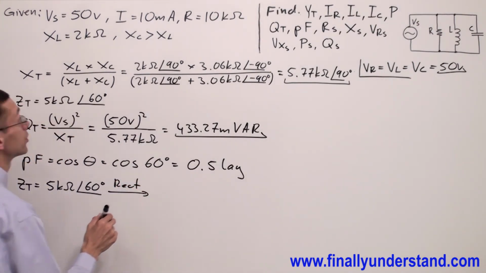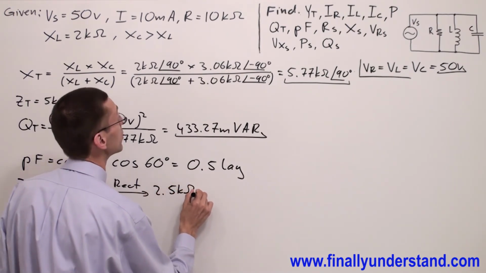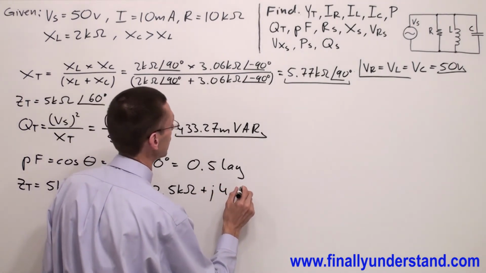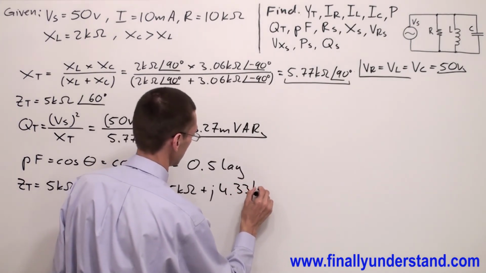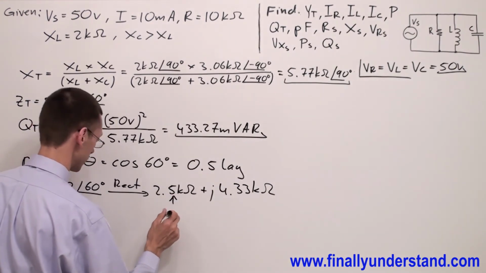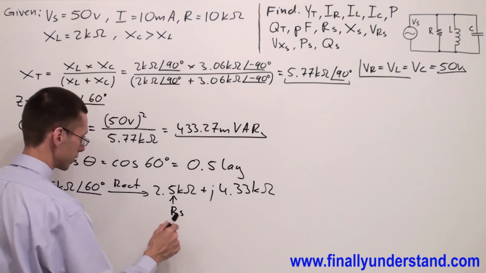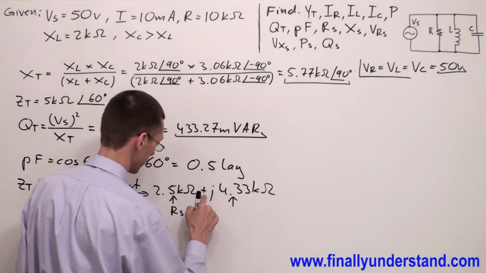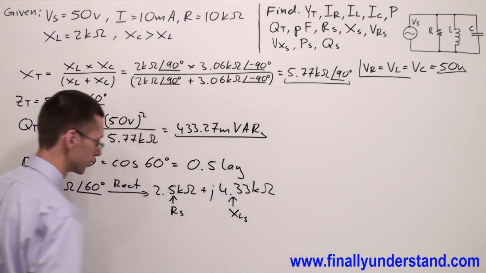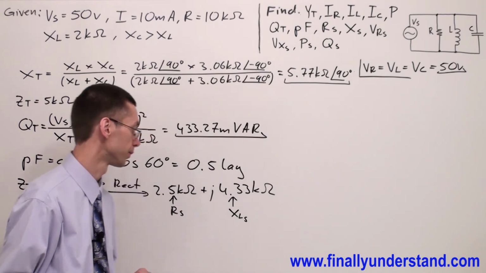So this is equal to 2.5 kiloohms plus j4.33 kiloohms, where the real part of my Z total is my resistance, and the imaginary part, because it's positive, is nothing else but X of L S. This is the inductive reactance because the sign is positive.